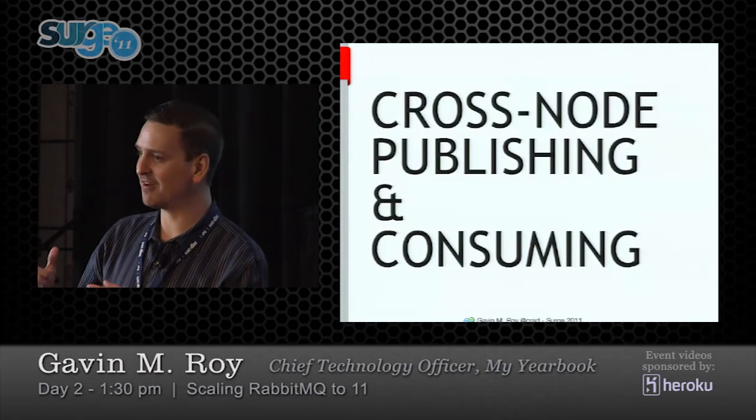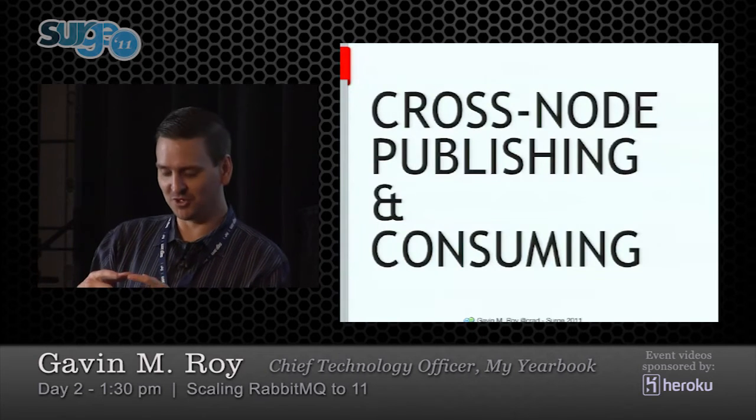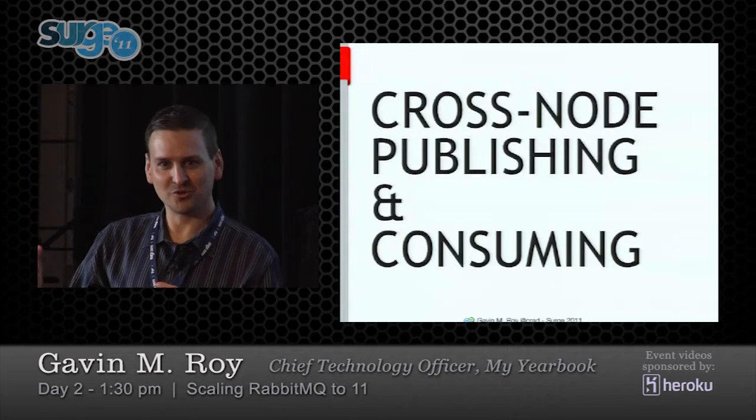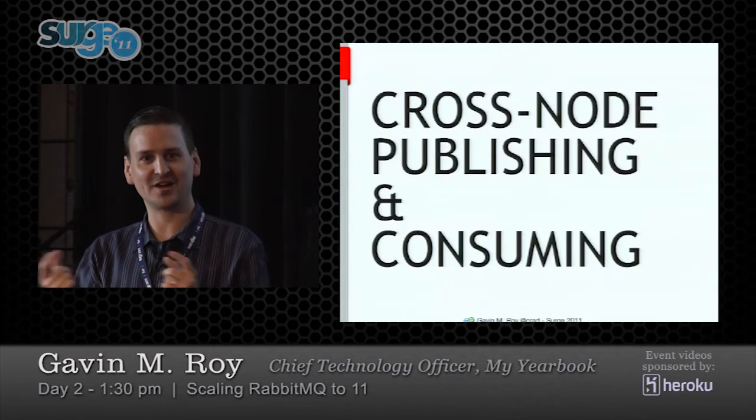Because if I'm having to have the cluster communicate across nodes, pull messages into and push messages out of nodes, in essence, I've, from an engineering perspective, maybe made a lazy approach to how I'm dealing with a cluster, and it's easy, but at the same time, there's a performance penalty, especially over high-velocity queues, where if I just connected directly to the node that manages that queue, I'm going to get some performance benefit.